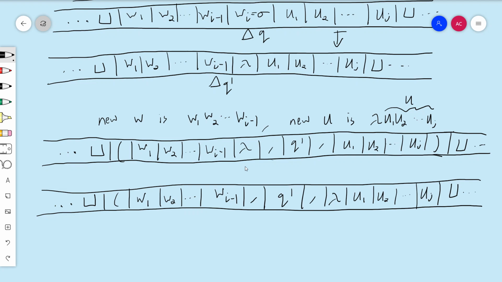Well, I can get there by first swapping the lambda with the second comma. If I swap the lambda with the second comma, what's that get me? It gets me a second comma here and a lambda here. So now U looks almost right. And then I just need to swap these two.